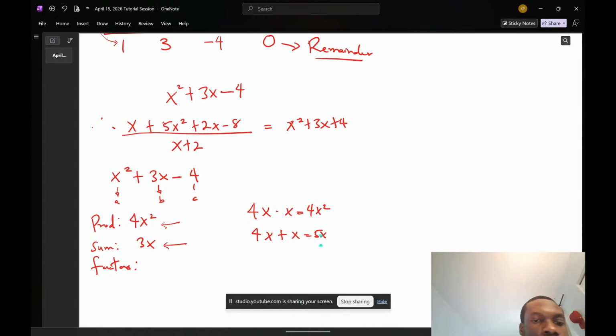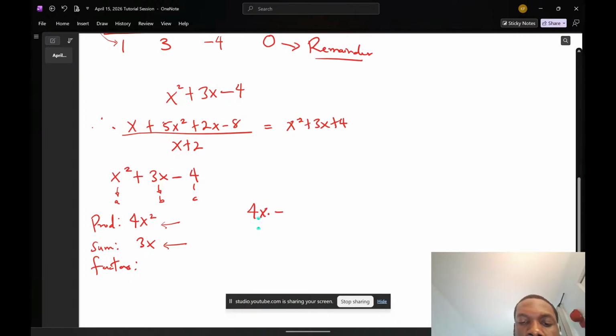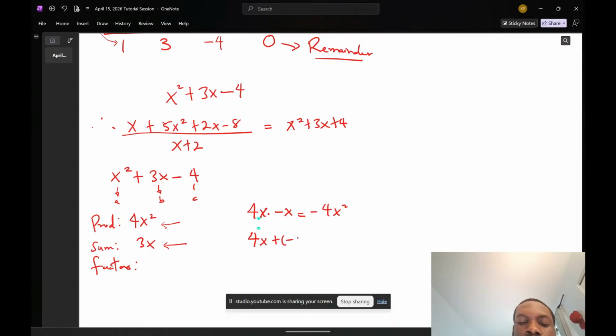So if we do 4x times minus x, we should get minus 4x squared. So if we do 4x plus minus x, will give us 4x minus x, will give us 3x. So these two factors fit it. So it will be 4x and minus x.